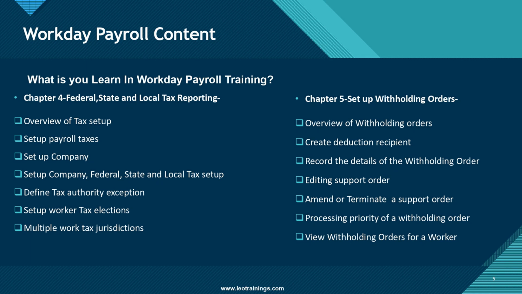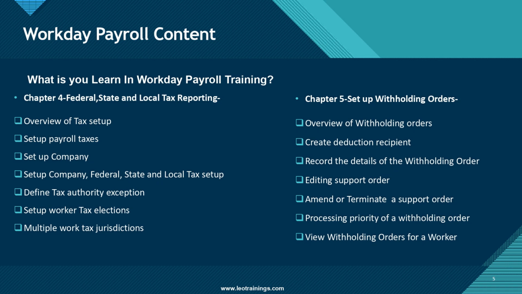People who have divorced, either husband or wife, and the other person has to support them. Child support: if parents are not taking care of the child, the child has the authority to go to the court and get some maintenance from the parents or guardian. And also creditor garnishment: if any employee has not paid a loan back to the financial institutions, they can go for it.